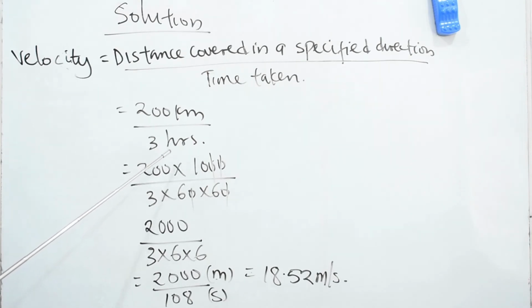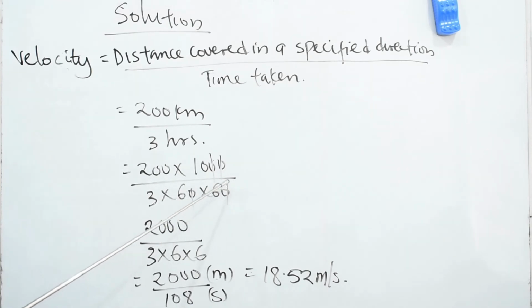So 200 kilometers is 200 times 1,000 to give you the value in meters. And to convert from hours to seconds, I've already calculated in the first example that 1 hour gives you 60 times 60 seconds. Now for 3 hours, you have 3 times 60 times 60.